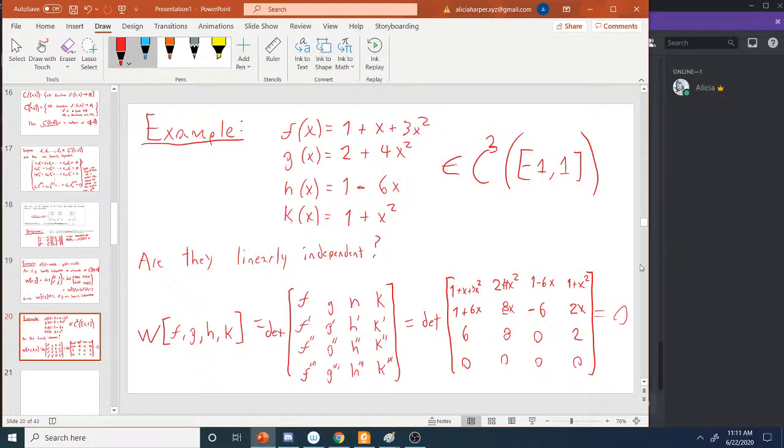And thus, you can express f in terms of g, h, and k. So this is a bit of a tedious calculation. I'm not going to do it. But already from this calculation of the Wronskian, we see that it's suggestive of the fact that these four functions are linearly dependent.